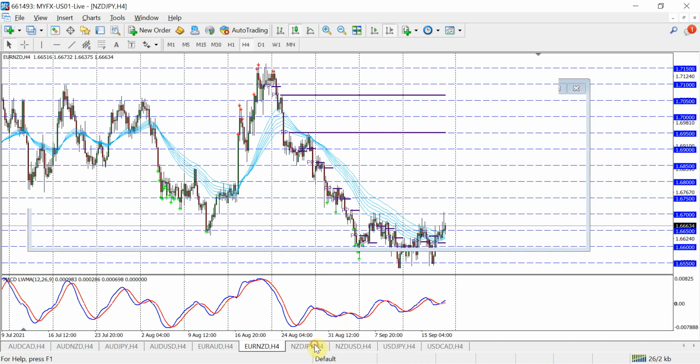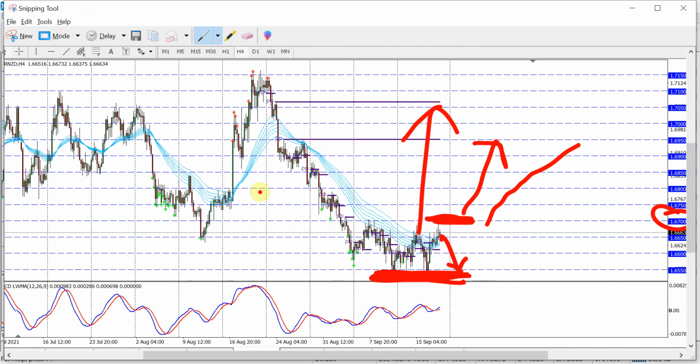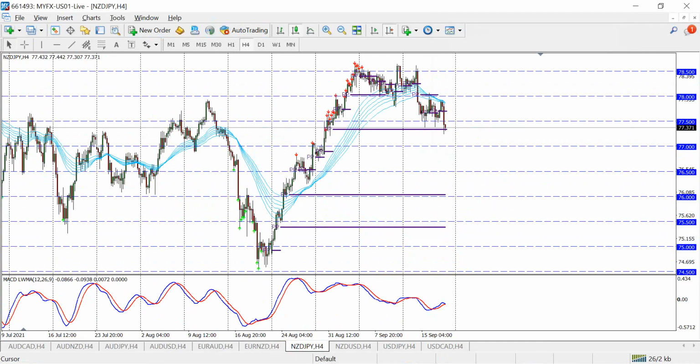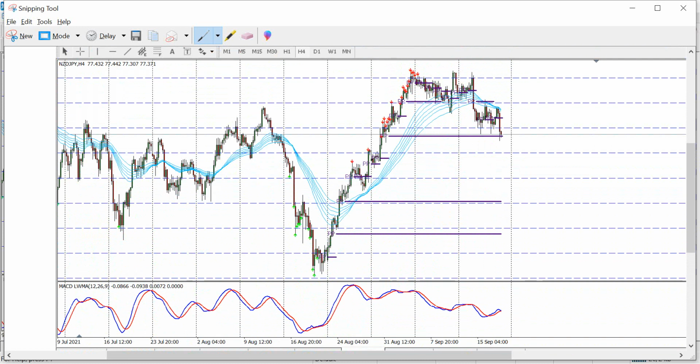Then we've got the New Zealand dollar and the Japanese yen. Let's go take that one here. And as you can see here, hopefully this is starting to make a bit more sense. It's not that complicated. Again, very, very straightforward. You've got oversold levels there. You've got so many arrows on there, and then you've got prices making higher highs.